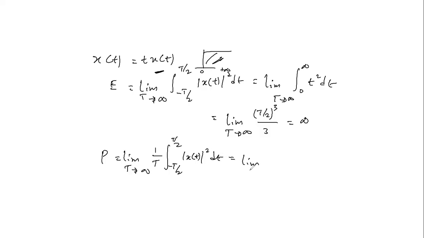And remember the unit step function gives us the limits of integration from 0 to T over 2, t squared dt, and just like in the energy estimation, we have 1 over T times T over 2 cubed over 3.